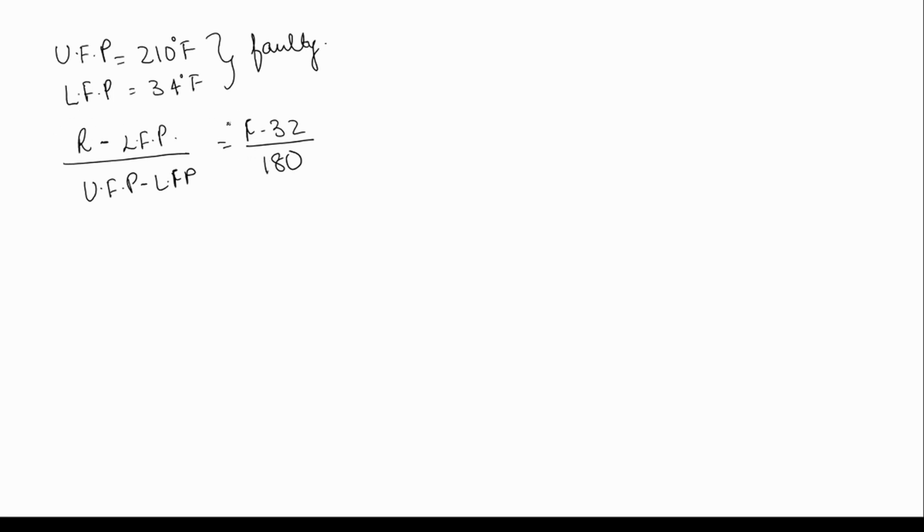So both their readings will be the same. So we can take the reading as X minus lower fixed point, 34, by upper fixed point 210 minus lower fixed point 34, is equal to X minus 32 by 180.